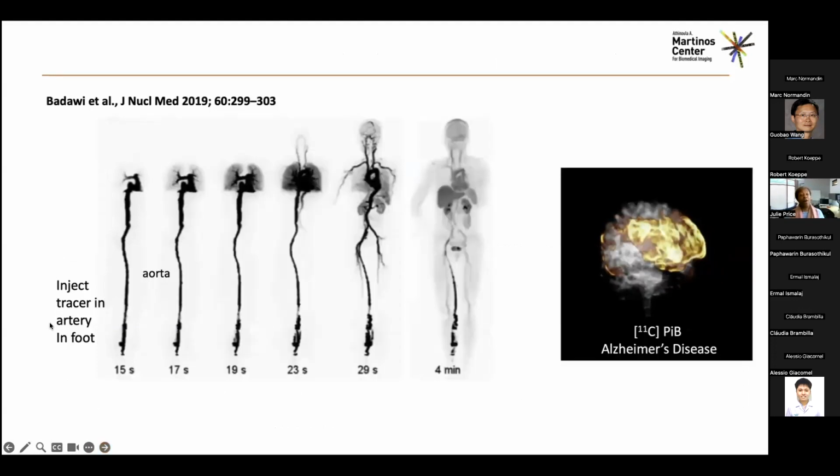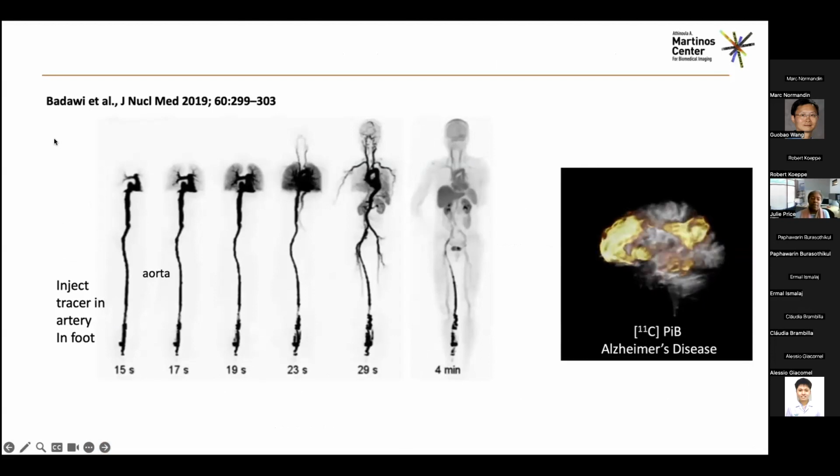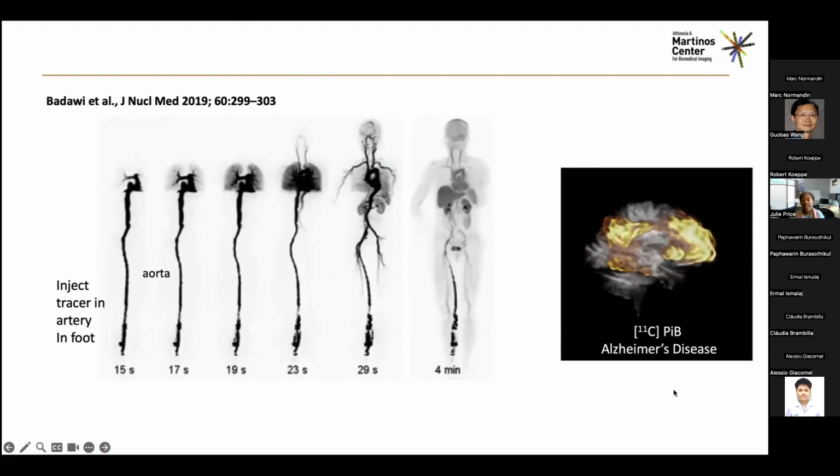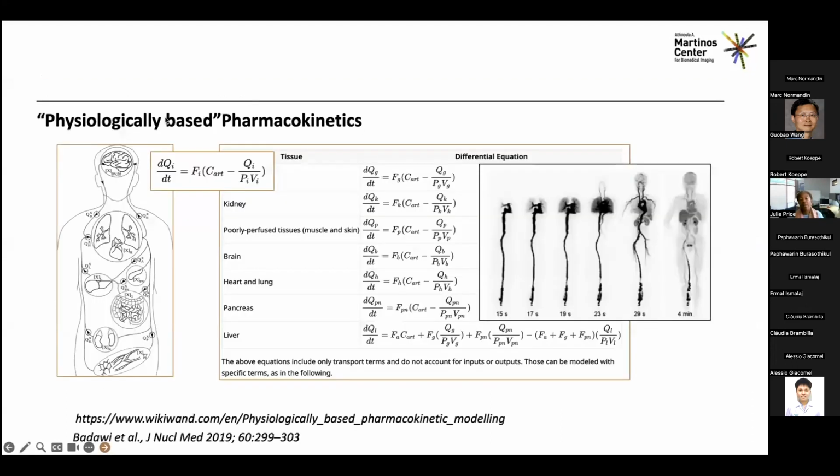You all are very familiar with the new high sensitivity total body scanner, but it really does hold promise for what we might be able to do in terms of modeling, not just in the brain, but throughout the body. The type we can use and the whole body kinetics that we might be able to model moving forward.